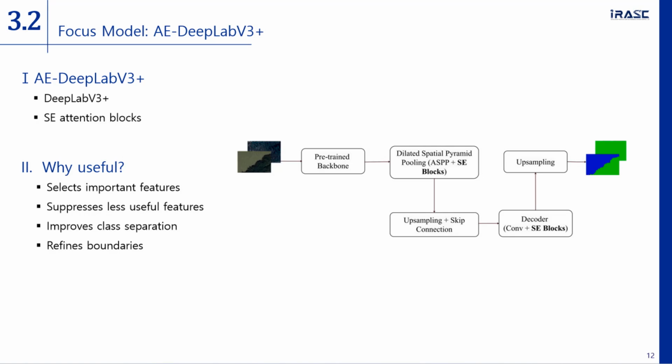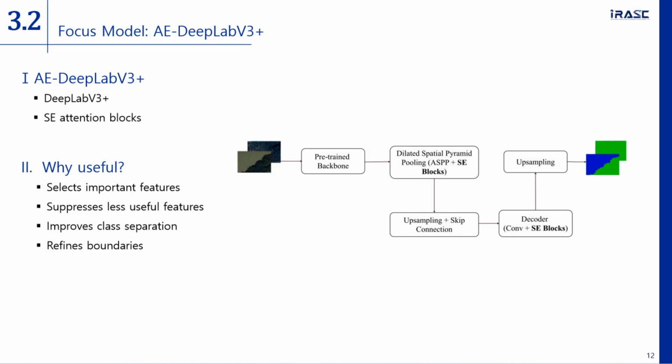In simple terms, satellite images contain many types of information, such as color, texture, shape, boundaries, and spatial relationships. However, not all features are equally important. SE attention helps the model emphasize important features and suppress less useful ones.